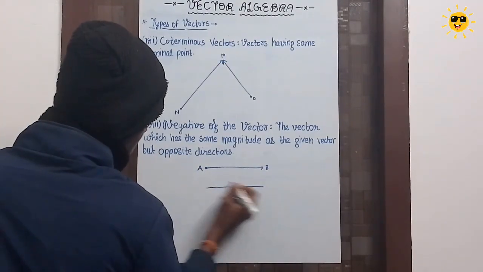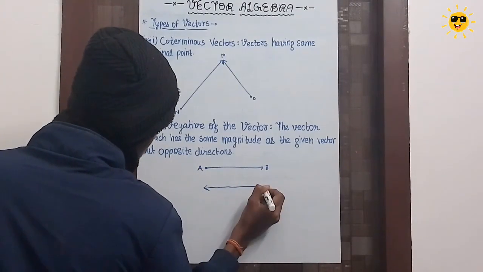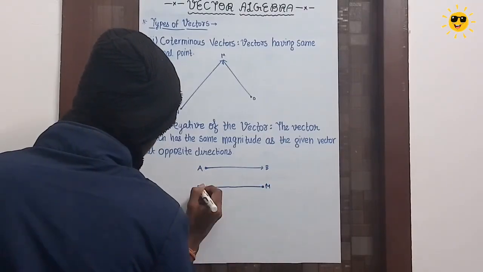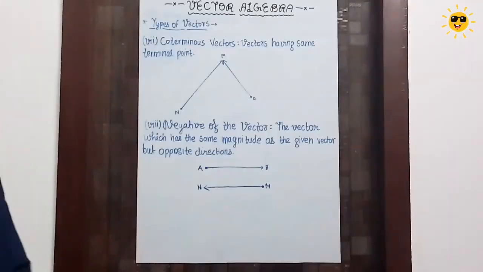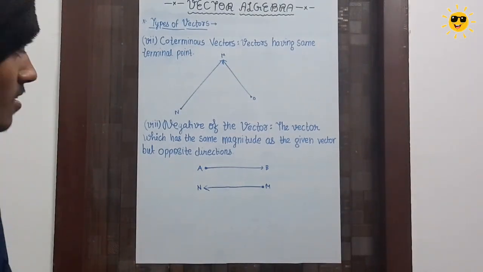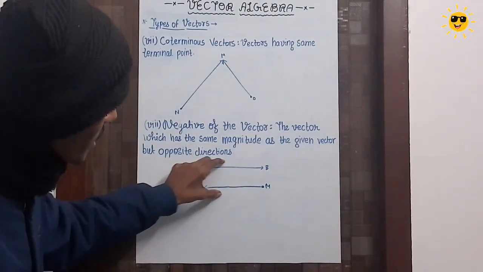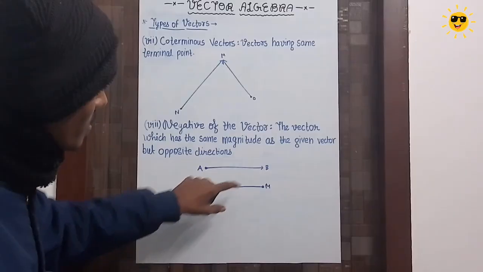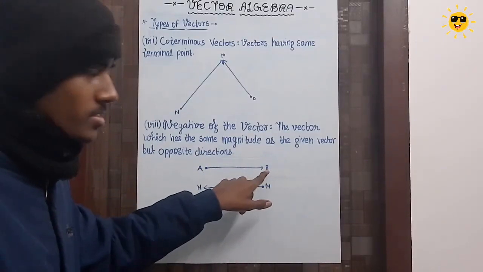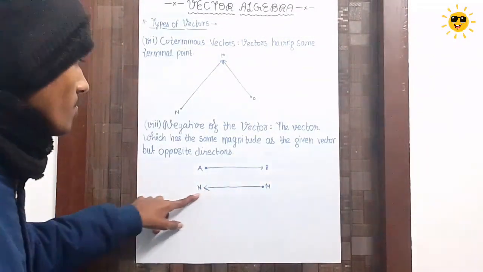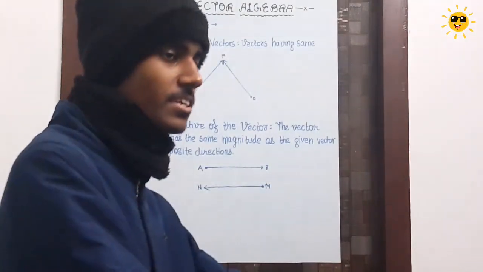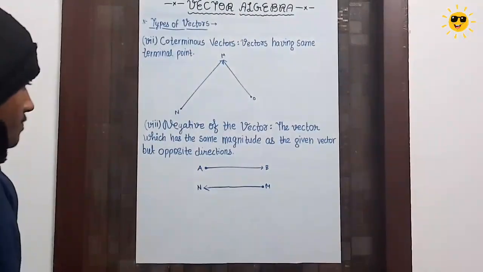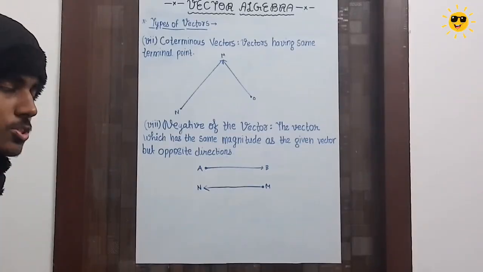Not going here, we will go here, and we will say this vector is the negative of AV vector. As simple as that. Why? Because they both are the same in magnitude, but AV vector's direction is opposite of MN's. Opposite means 180-degree opposite. This is what you call the negative of a vector.